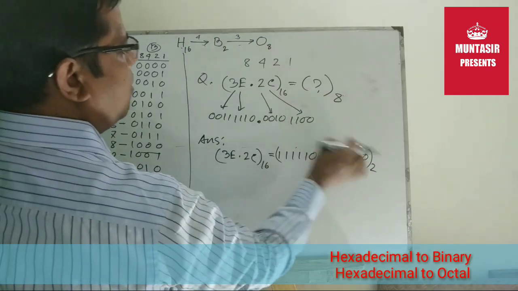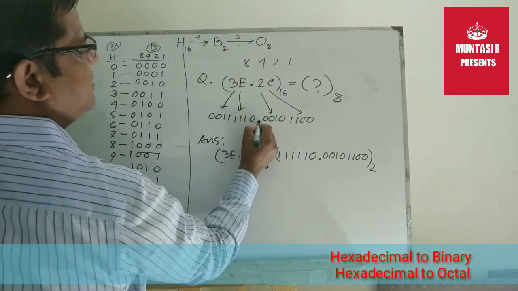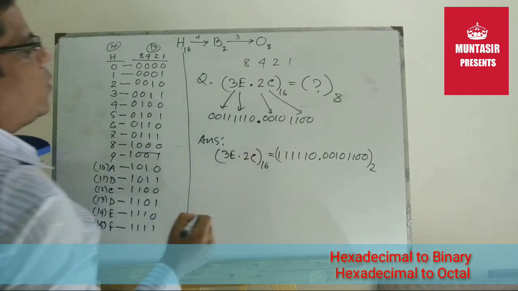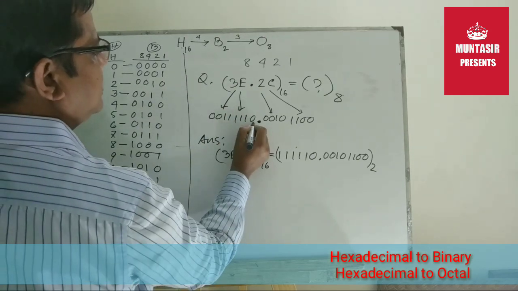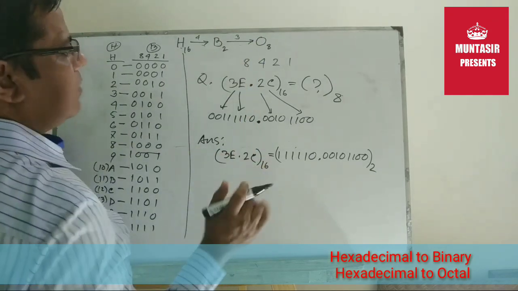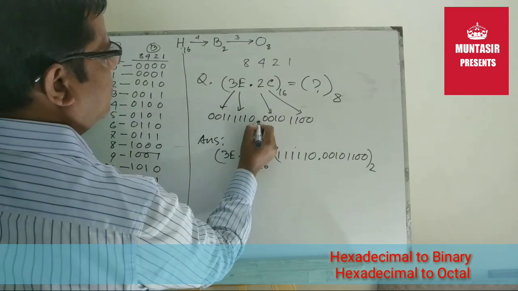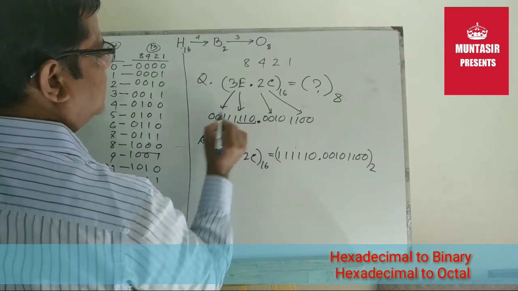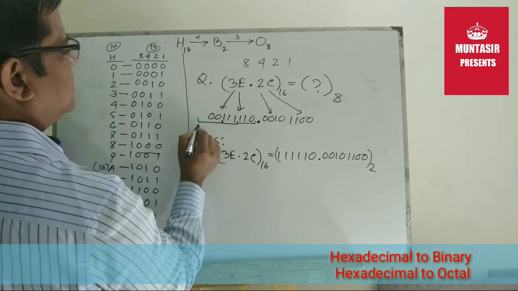Binary to octal, we make groups of 3 digits, 3 bits. Each 3-bit group starts from the radix point, going to the left and to the right.